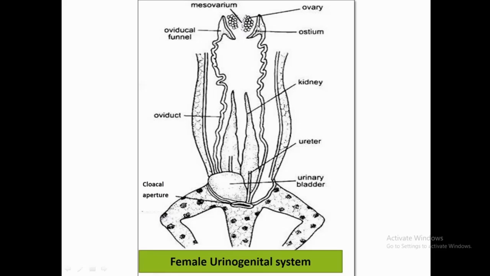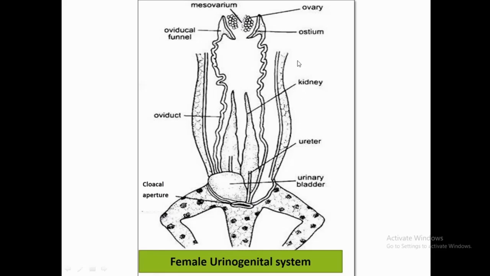Now, from the outer side of the ovary, there is a large funnel-shaped structure called the oviducal funnel, which is mainly for trapping the mature ova, which after maturation get shed off into the abdominal cavity. And from the lower side of each oviducal funnel, there runs the convoluted long oviduct. It runs posteriorly and opens independently into the cloacal chamber.